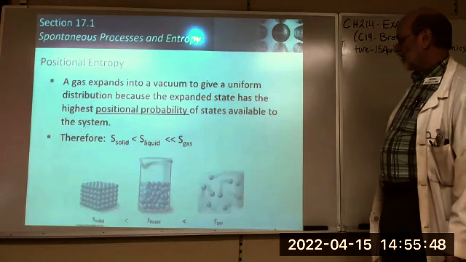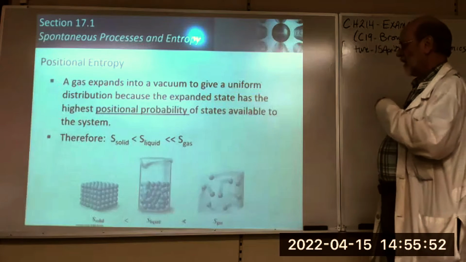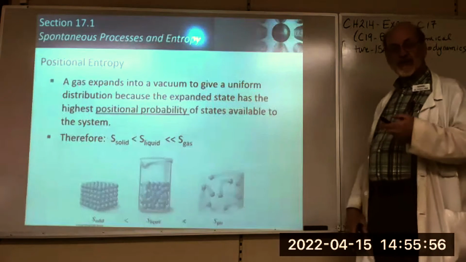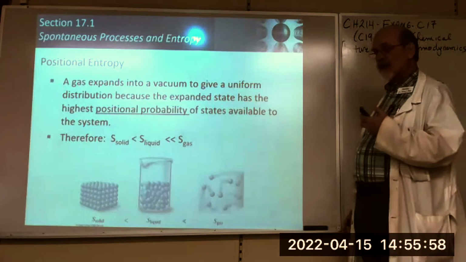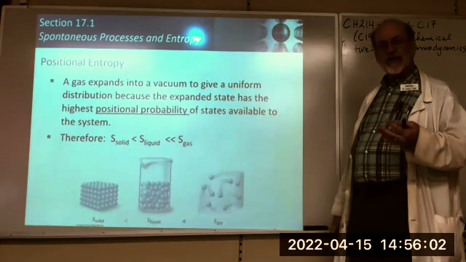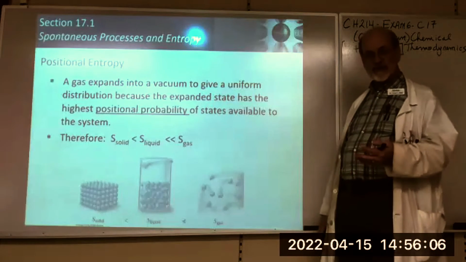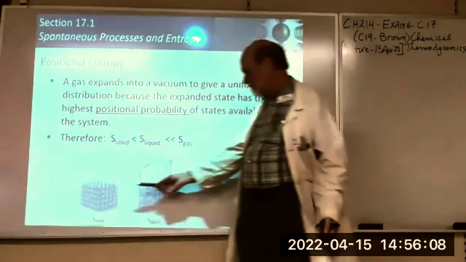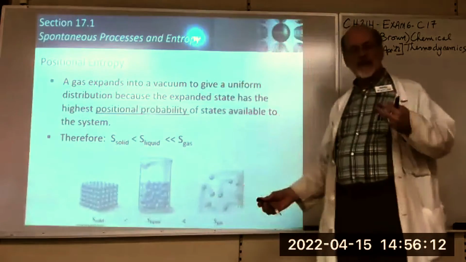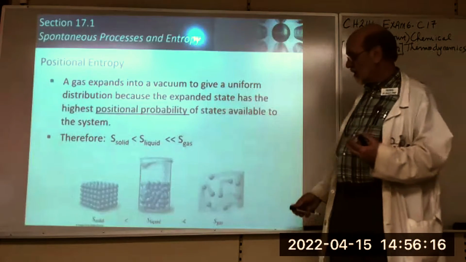Okay, so let's look at entropy in terms of position. Right? What are the possible positions for the molecules in a substance? And let's confine our argument for the time being to changes of state. So we have this pure substance that's a solid. If we make a liquid out of it, what has that done to entropy? Well, it's given it more possible microstates, right?